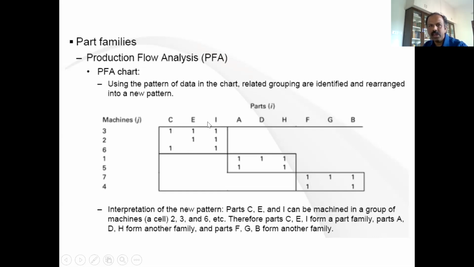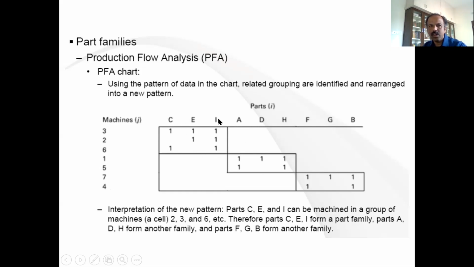Therefore, CEI parts will form one part family. The processing is much easier because you are not sending CEI onto any other machines. Similarly, ADH will form one particular cell, and you require only machines 1 and 5. Similarly, BFG forms one particular cell.